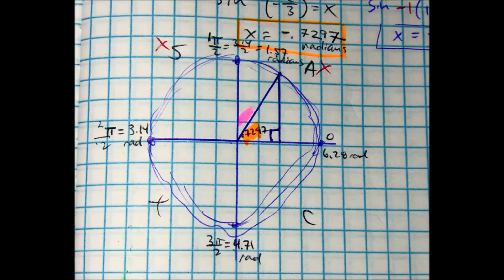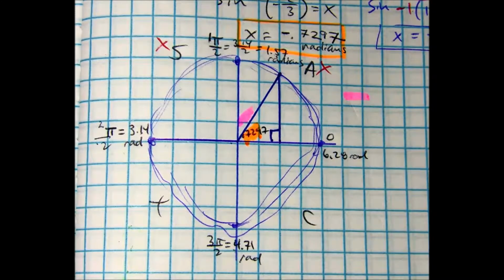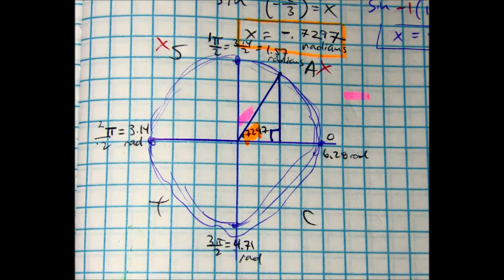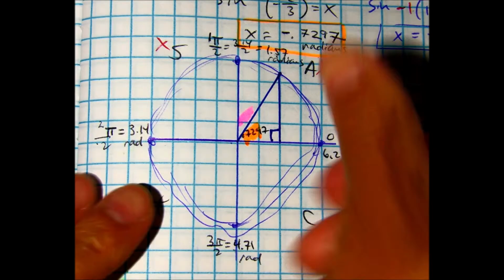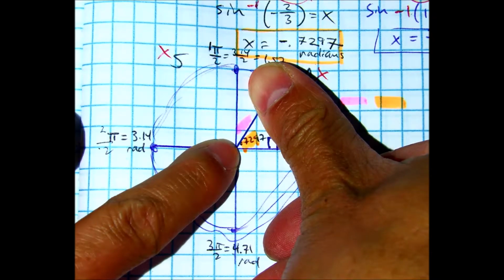Jade, orange plus pink equals? Pi over 2 is correct. Class, if I cover up the triangle, you have what type of angle here? A right angle.